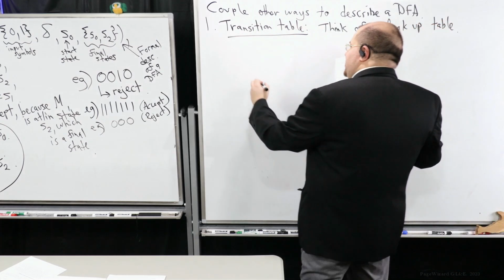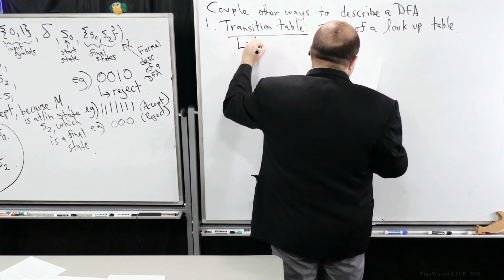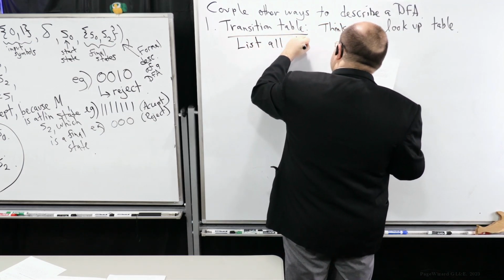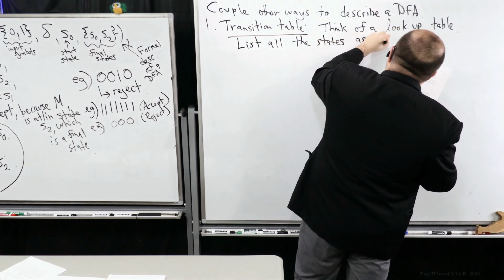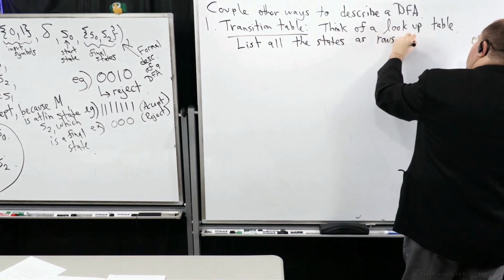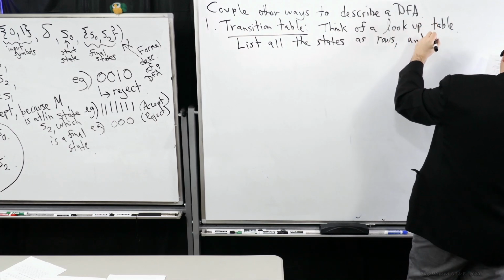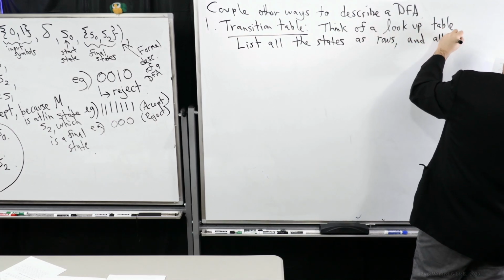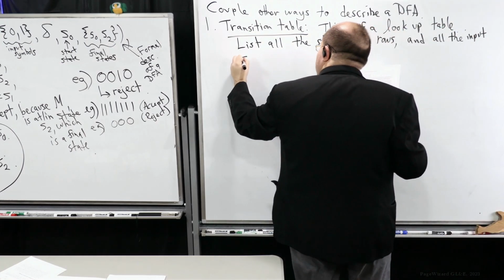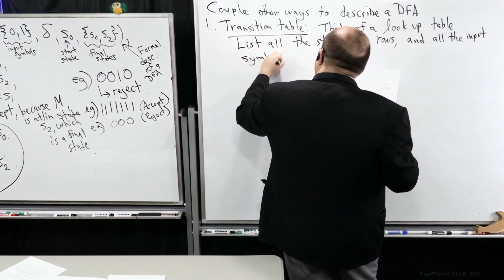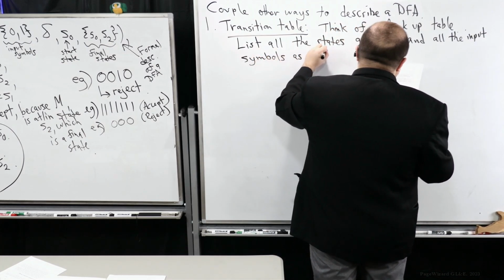So what do you do here? You list all the states as rows and all the input symbols as columns.